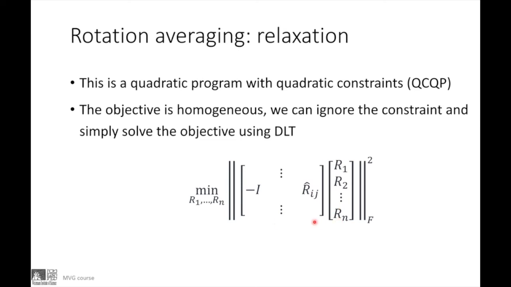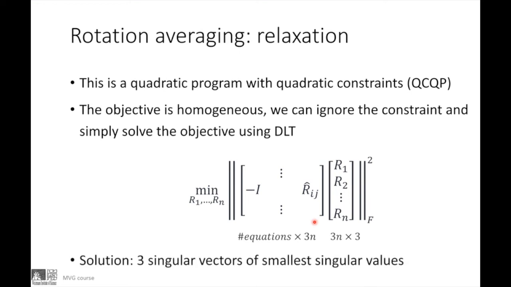I want to minimize this. Let's ignore the constraints for now. If I try to minimize this, it is DLT. I'm simply looking for the singular vectors with lowest singular values. I need 3 of them because I have 3 columns here in the rotations, really, not camera matrices. So that's the solution.